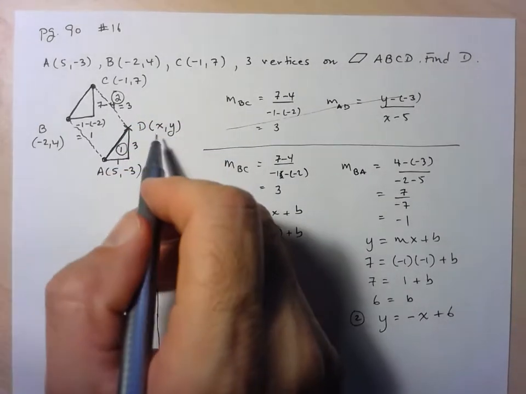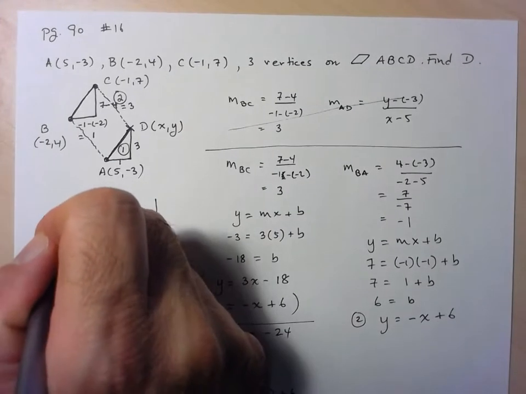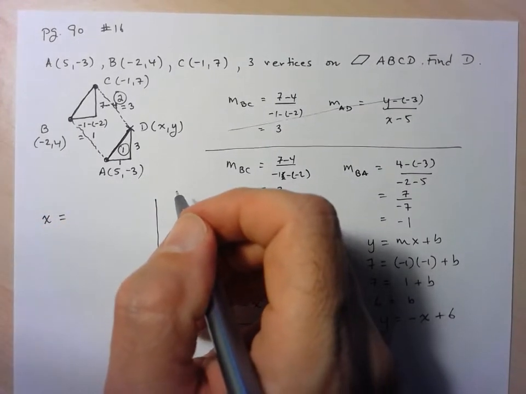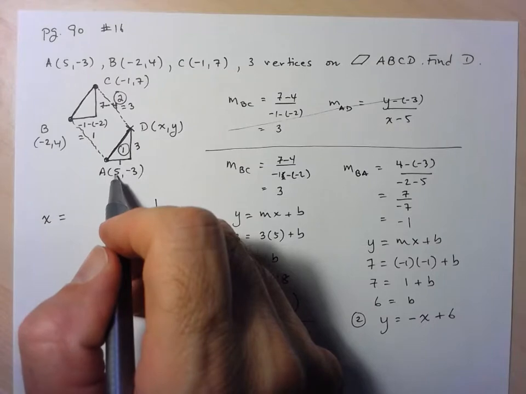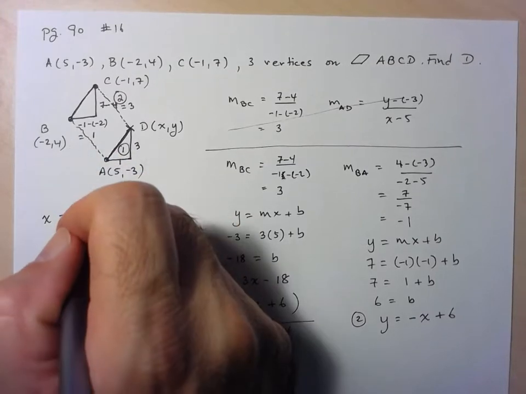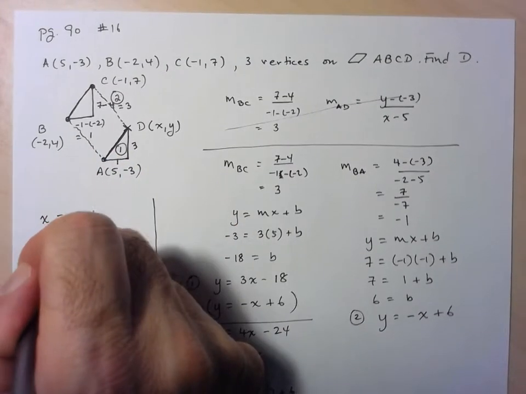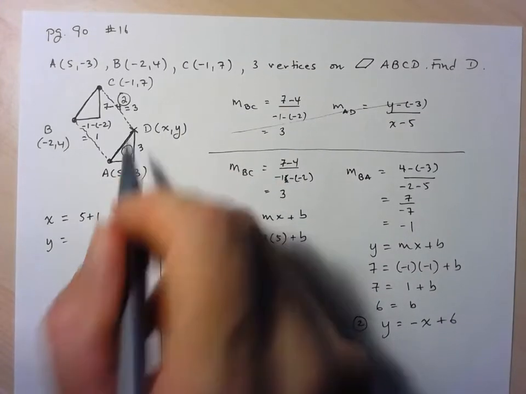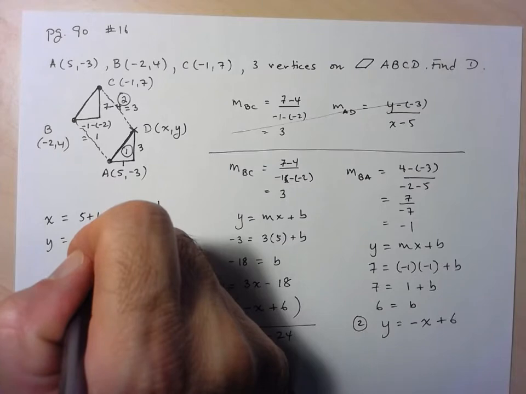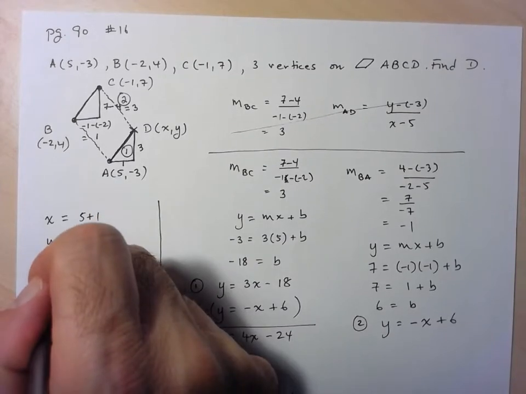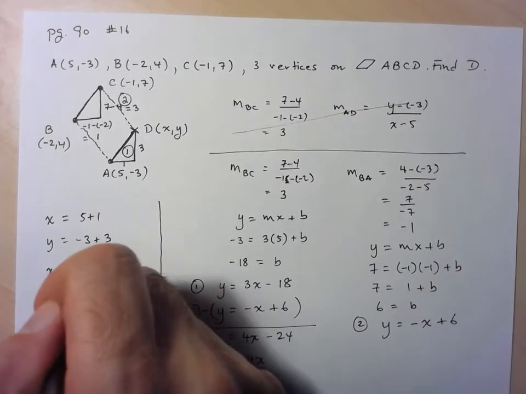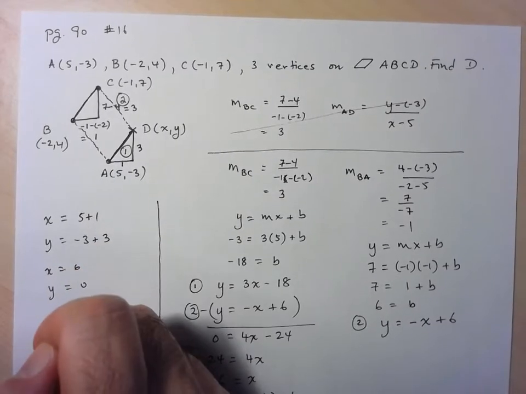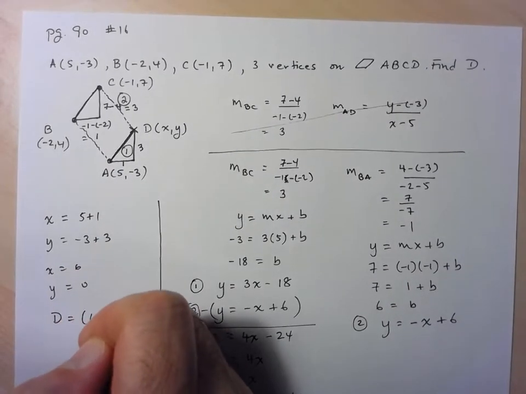So this x value here is just going to be 5 plus 1. My y value is just going to be negative 3 plus 3 in order to get the same rise. And lo and behold, what do we get? X equals 6, y equals 0. So D is equal to (6, 0).